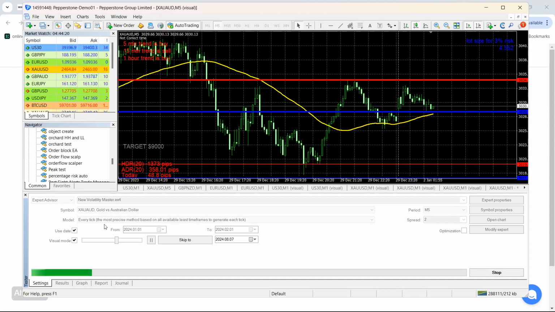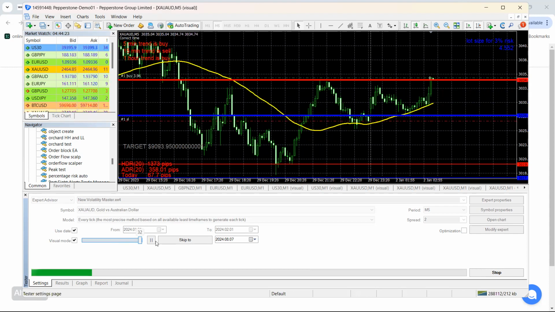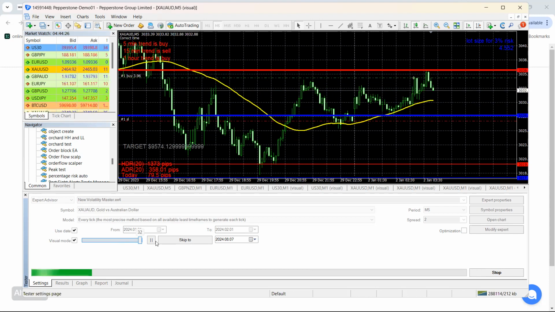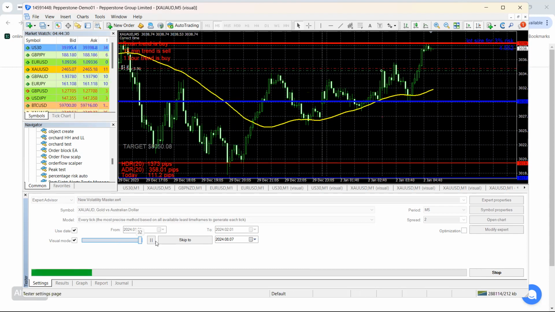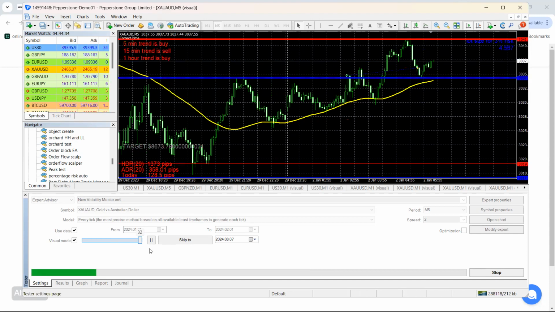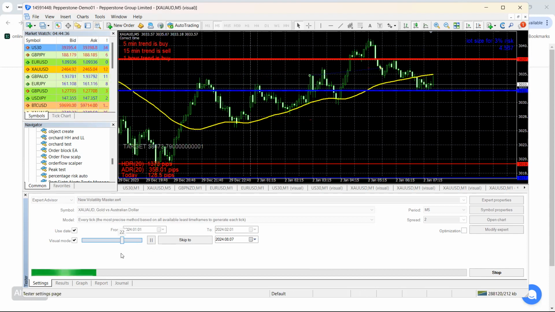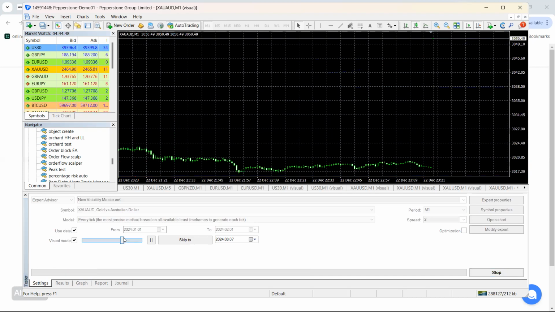We're on a 5 minute chart here at the moment. Let me find a good opportunity to show it. It'll look better if I do it this way. I'll drop it down to the 1 minute range. That way we'll be able to see it properly.